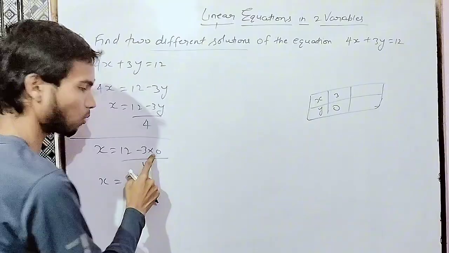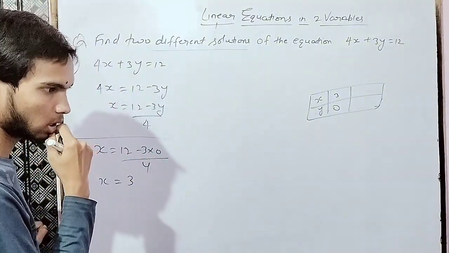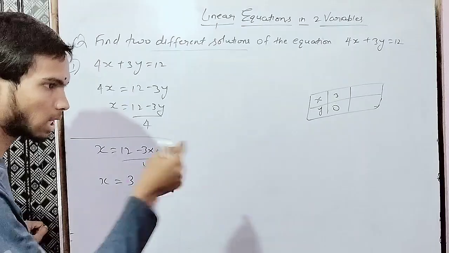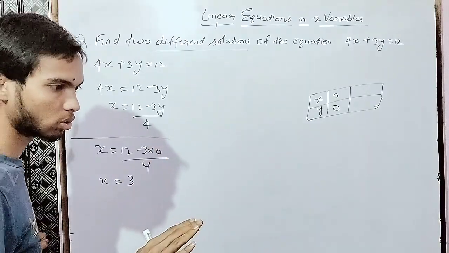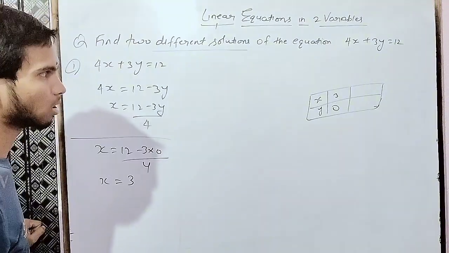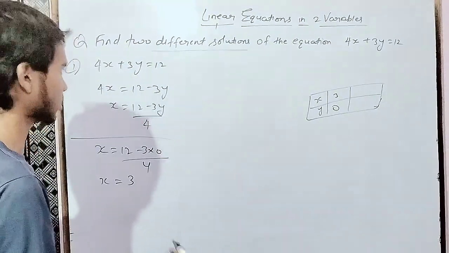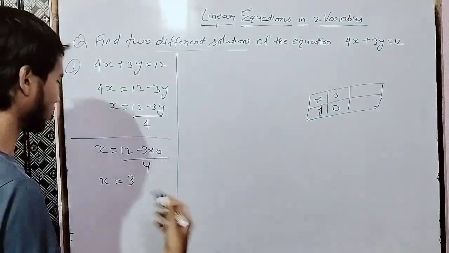When you put 1, then 12 minus 3 is 9, then 9 upon 4, so x will be a fraction. Rather than a fraction, you can find a simple number. You have a lot of options.